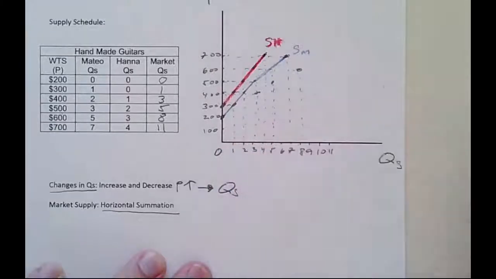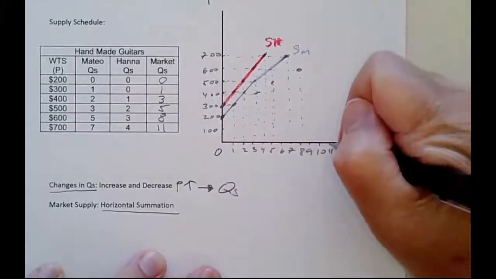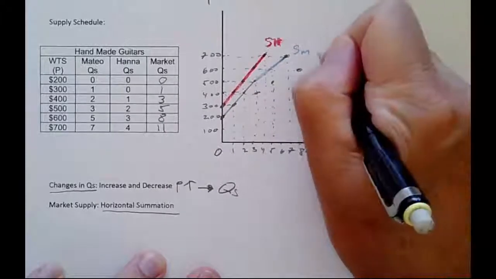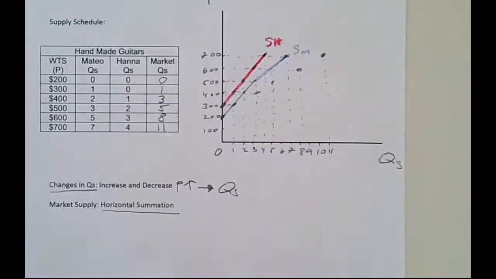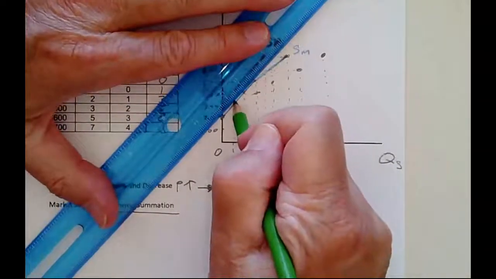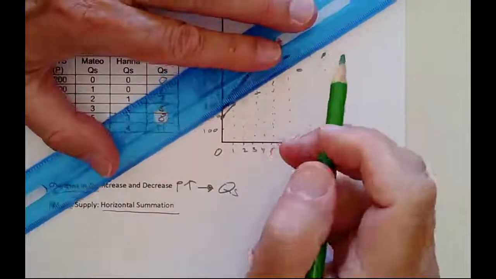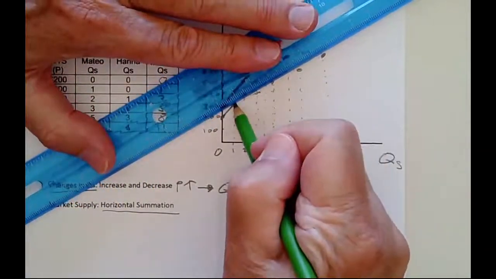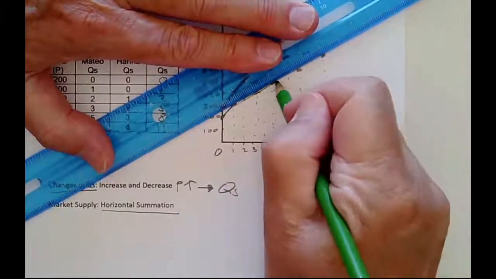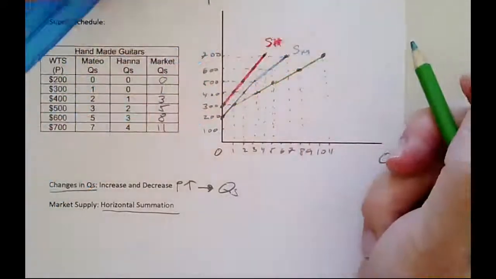And at $700 per guitar, we will have 11 in the market being made. And so the market supply is right along Mateo's supply there, and then they branch off. And this is the market supply.